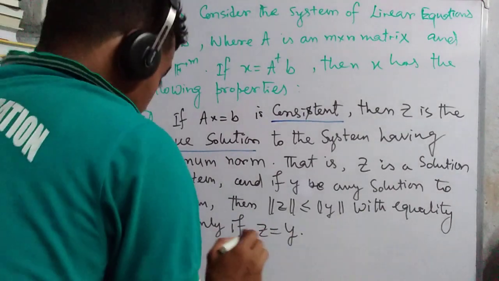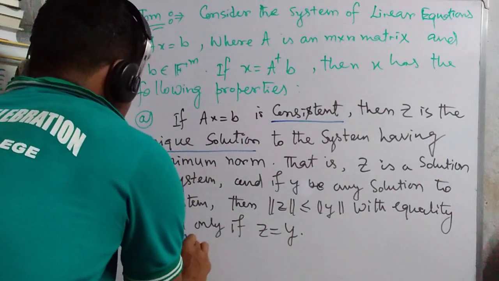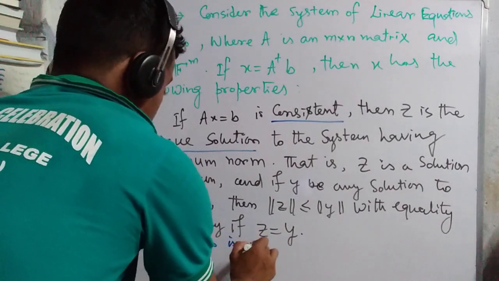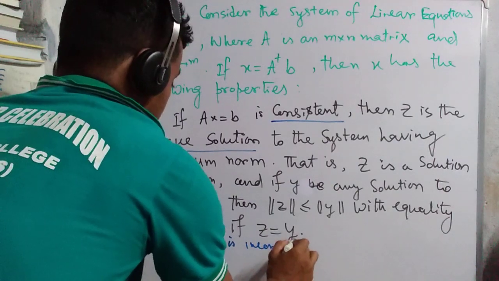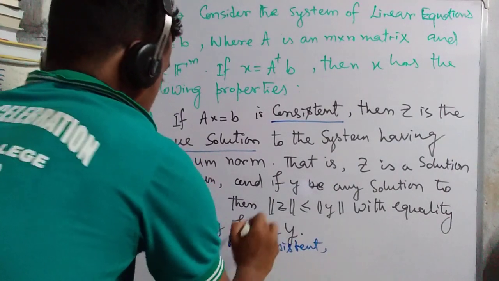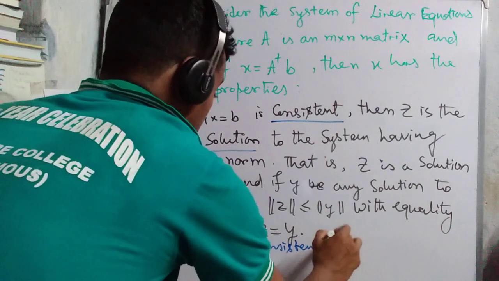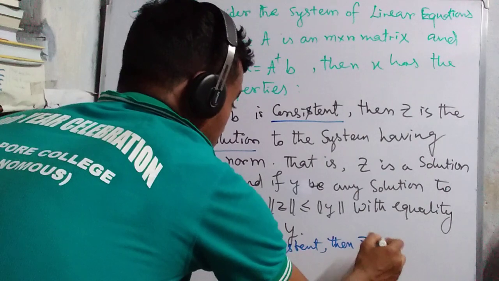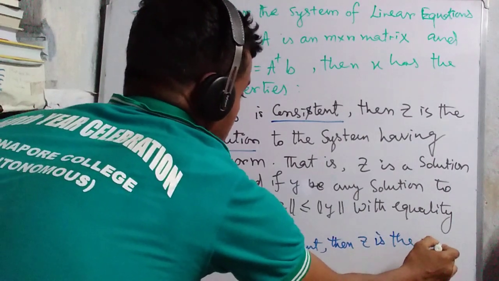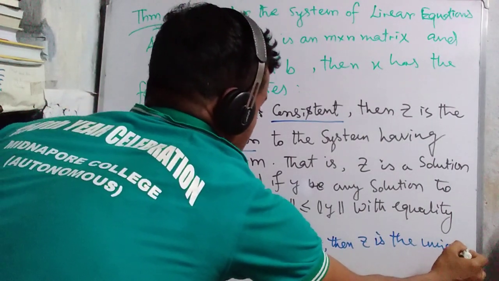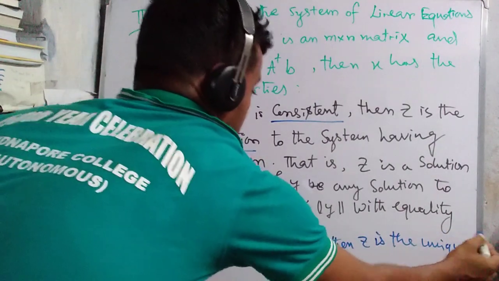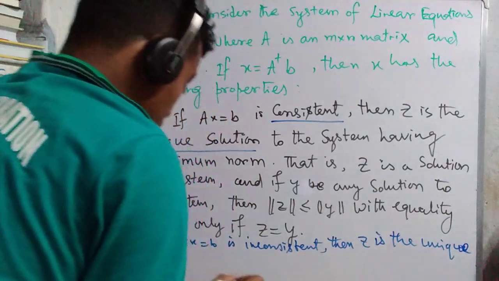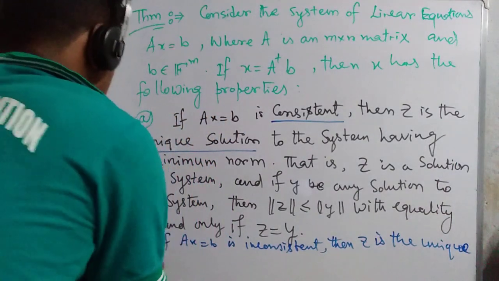Then again, if Ax equals b is inconsistent, then what happens? Then z is the unique best approximation to a solution.